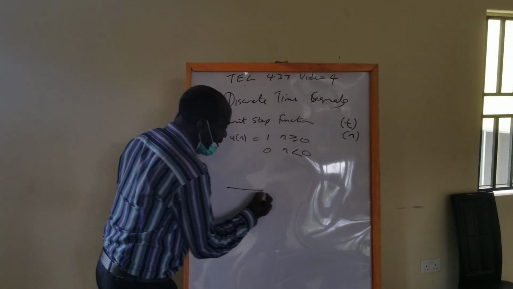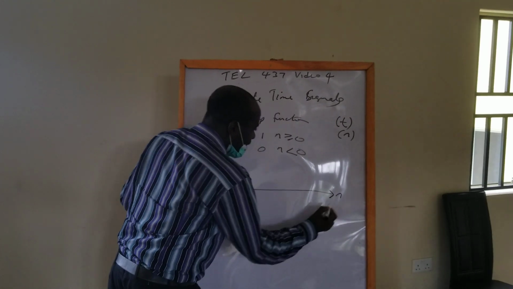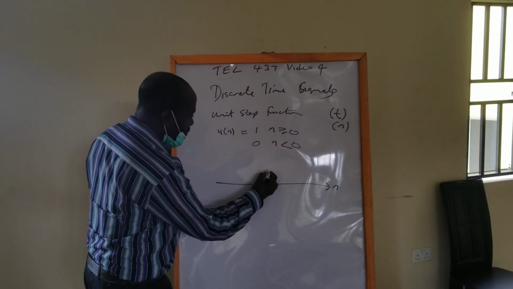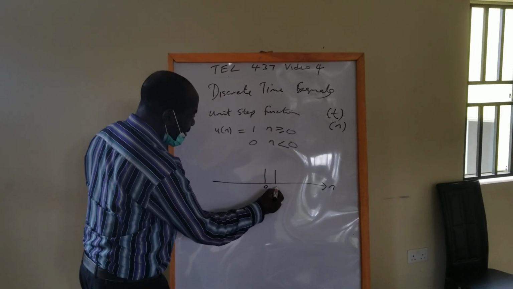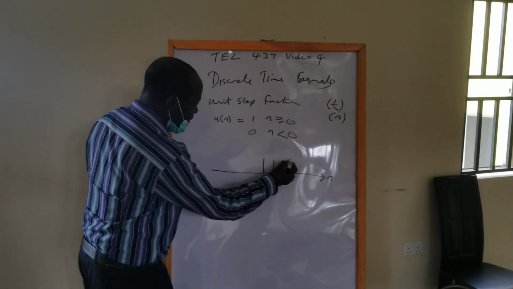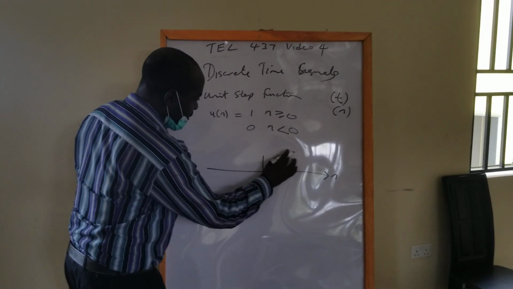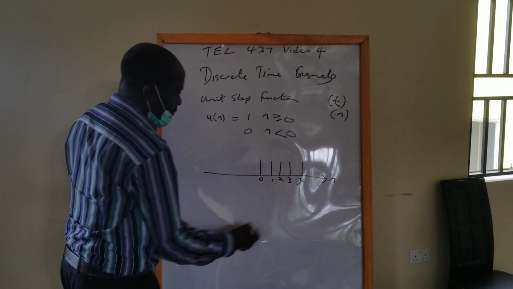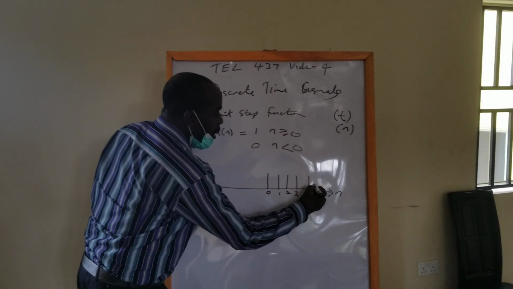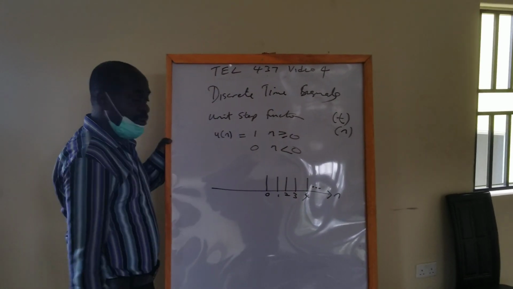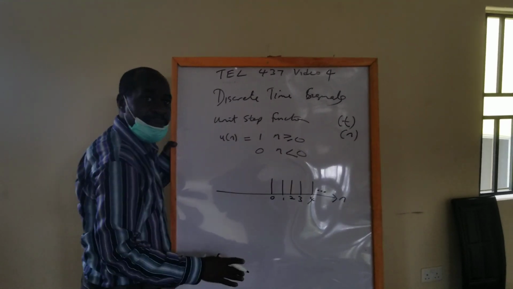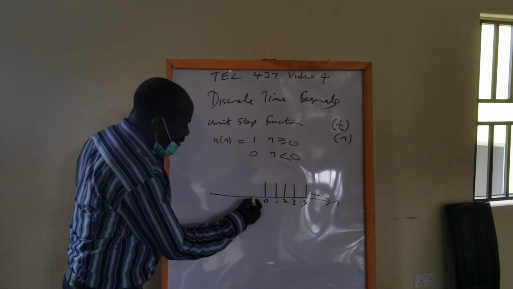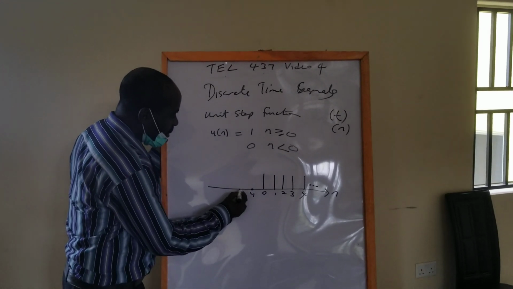But when we draw it, this axis will be n, and then at 0, I'm going to have 1. At 1, I'm going to have 1. At 2, 3, 4, and dot, dot, dot to say that this continues, but I cannot continue to draw it. At -1, I'm going to have 0. At -2, 0.